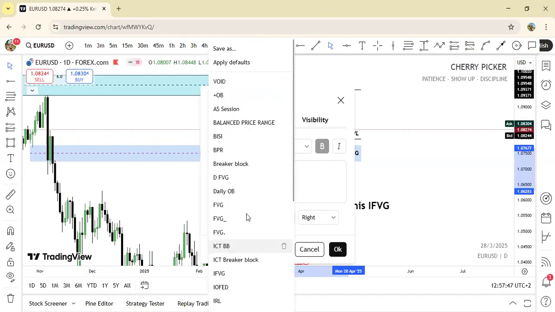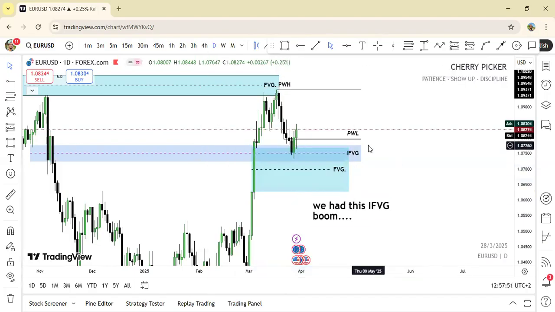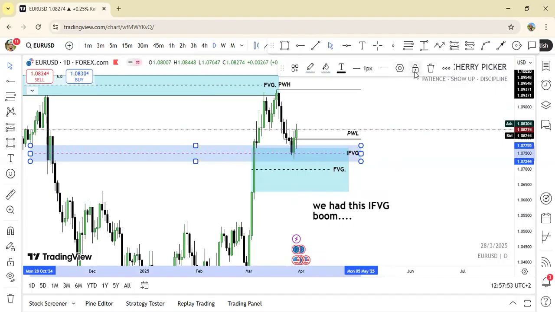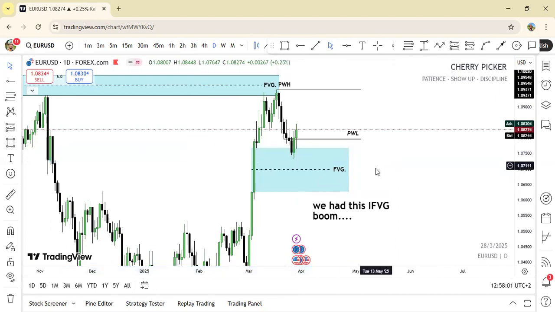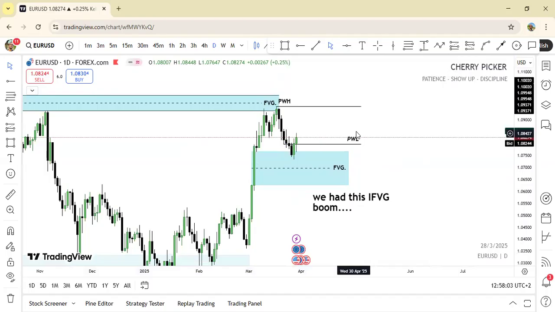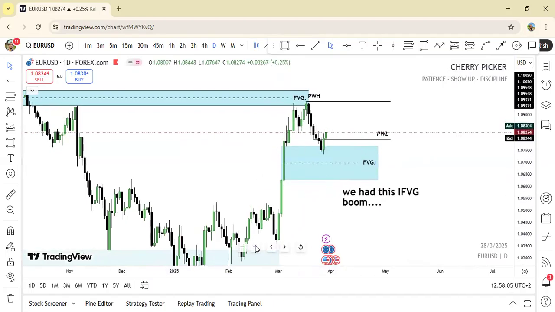Let's get rid of this, and price returned nicely on the IFVG inside this daily fair value gap, right?